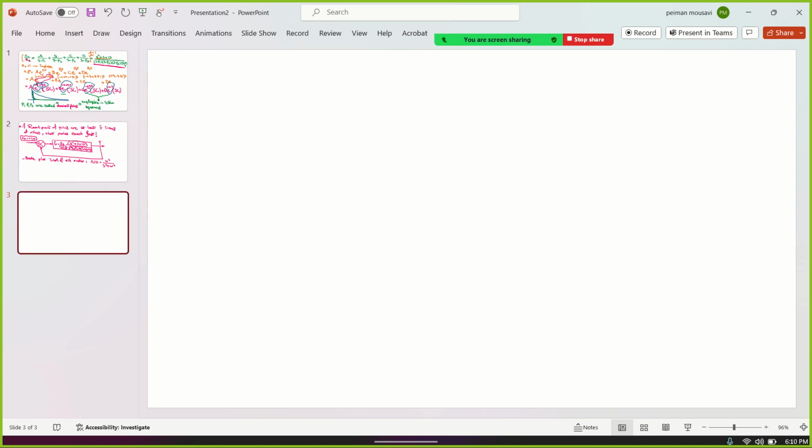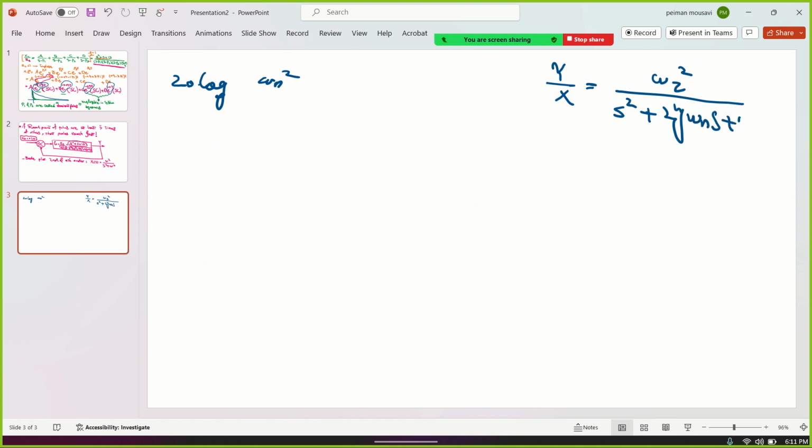For the Bode plot, you have to plot 20 log of the magnitude. Remember that y over x for the second-order system we defined as omega n squared over s squared plus 2 zeta omega n s plus omega n squared. You have to replace s with j omega, as we defined.